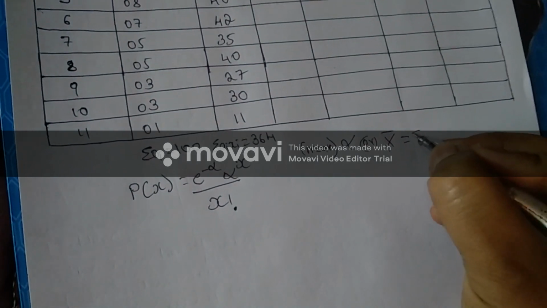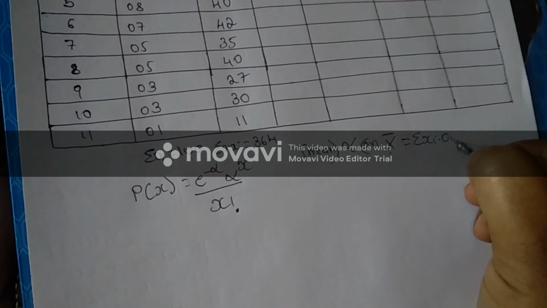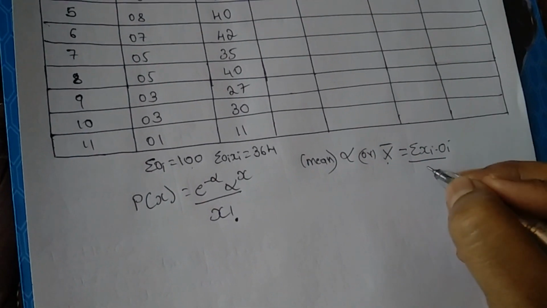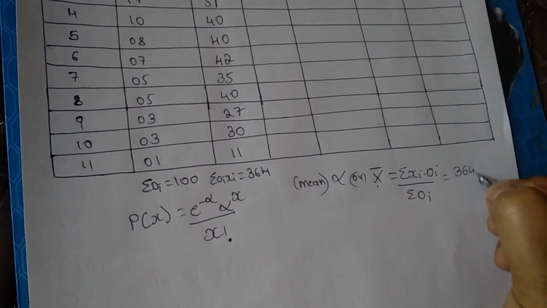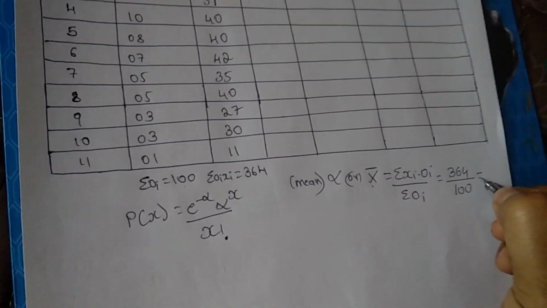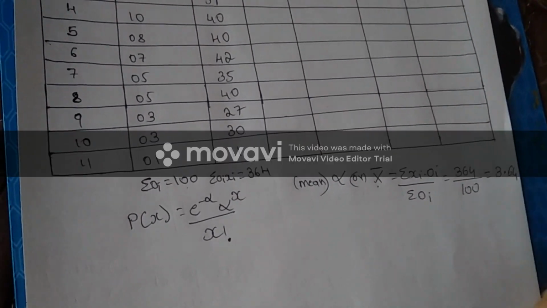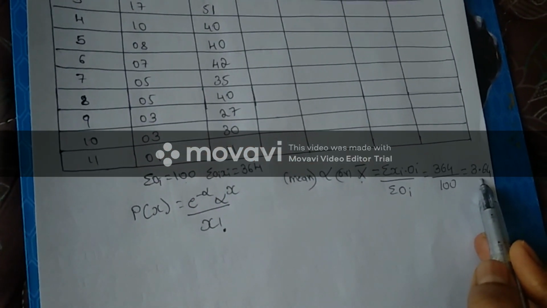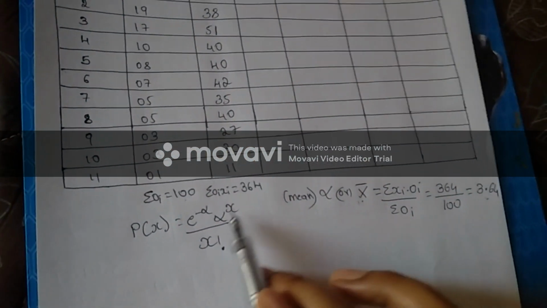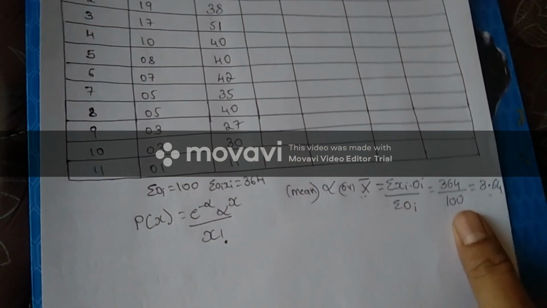The formula is summation xi into oi divided by summation oi. This is 364 divided by 100, that is equal to 3.64. Same value you are getting. If it is given directly, you can write it, no problem.